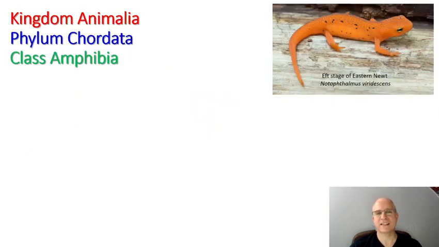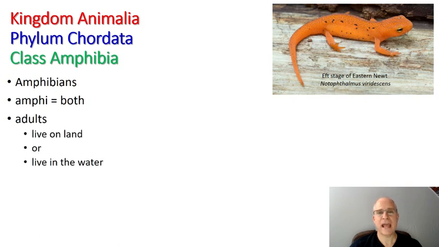Next group of chordates are animals in the class Amphibia. If we look at the amphibians and break down the word, amphi means both. So when we look at amphibians, the adults can live both on land or in the water, depending on the species.